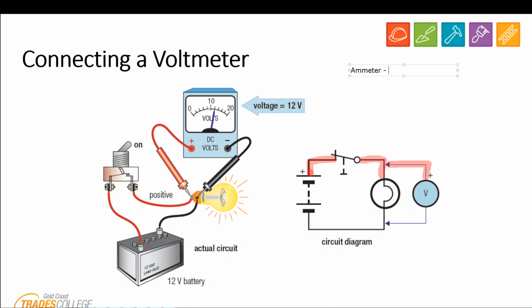It had to have a very low resistance. What we mean by that is that we wanted all the current in the circuit to flow through it. So all the current can flow through easily.